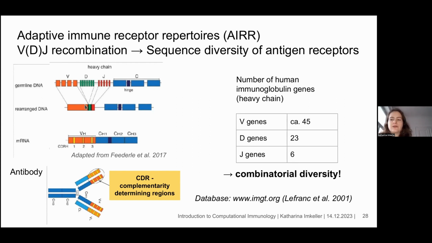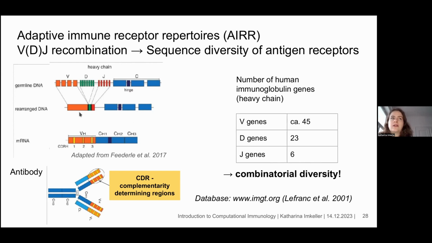So I've shown you how this VDJ recombination process works. And I've mentioned that there are multiple different V, D, and J genes that can be recombined. Here are some numbers for the human heavy chain. So 45, 23, and 6 different known genes according to the IMGT database that is the reference database for these kind of sequences.